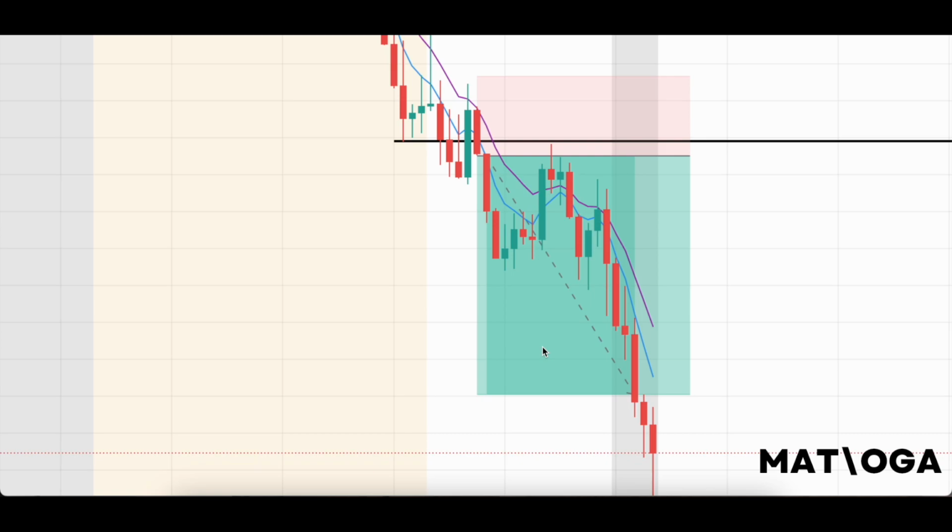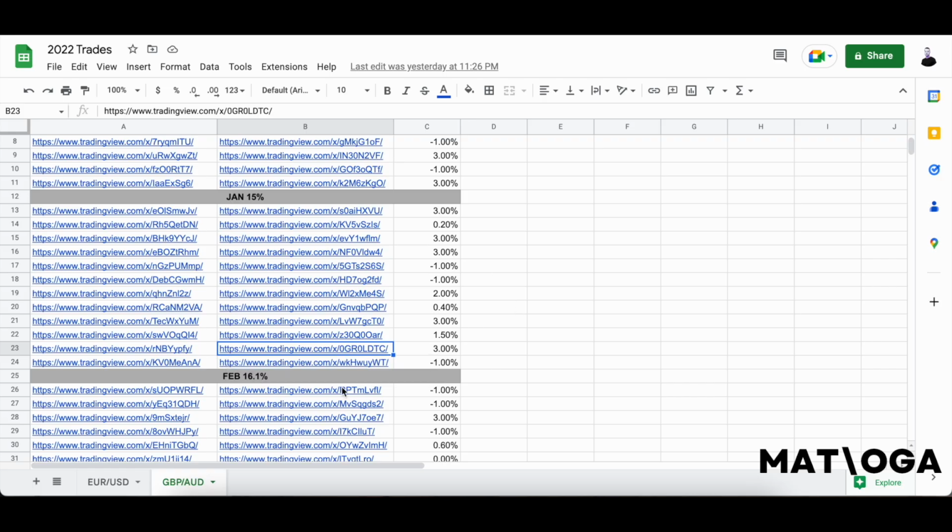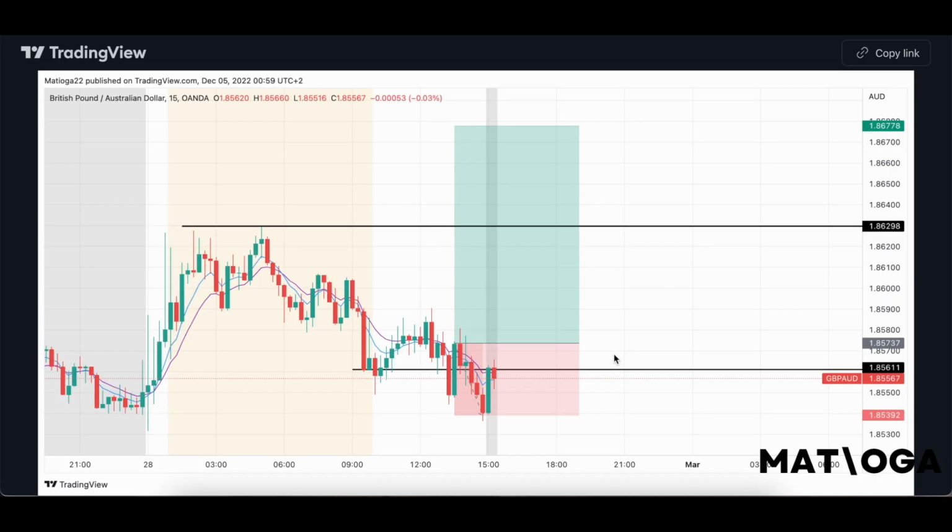So it's better to be safe than sorry. So yeah, what happened here? Same thing. Nice break, retest, continuation, and we dropped pretty straightforward as well. First part of US session, we are already at the take profit area.